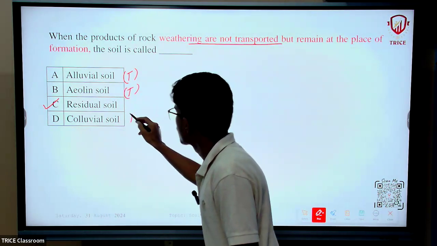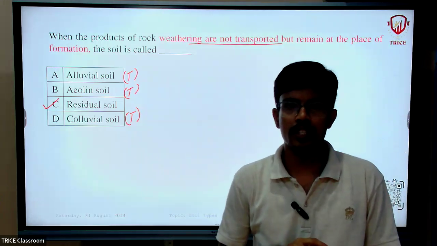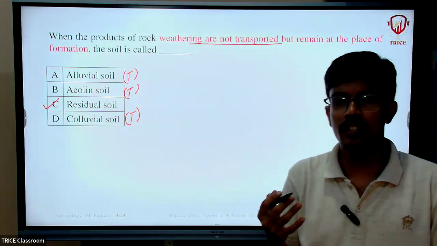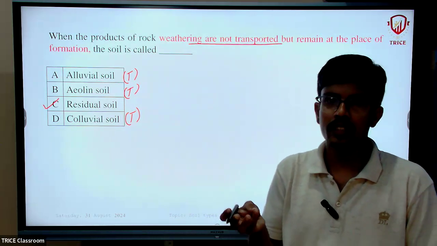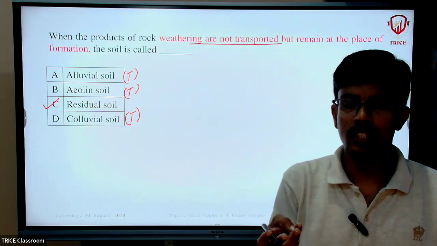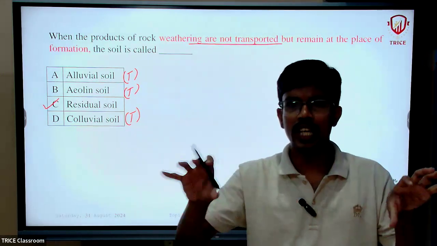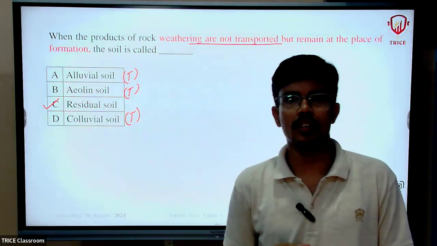Based on the transporting agency, which may be wind, water, lake, glacier ice, or gravity, we have certain classifications and certain notations.